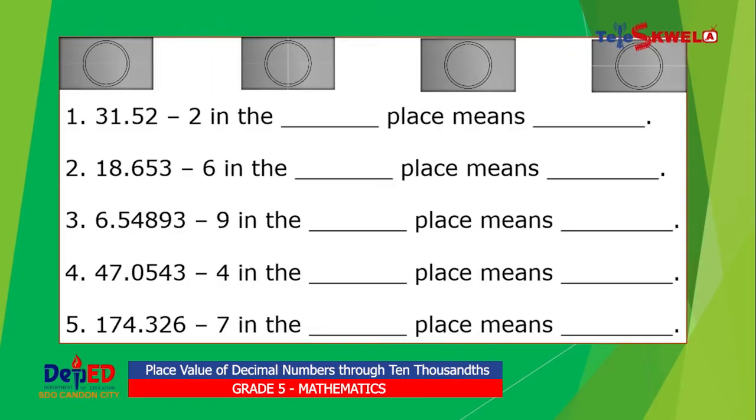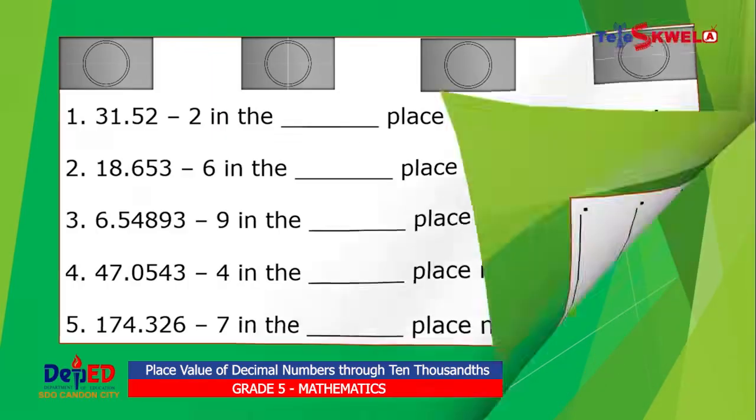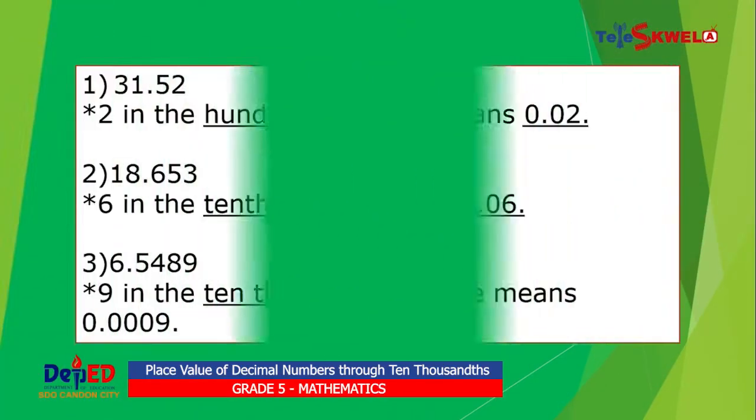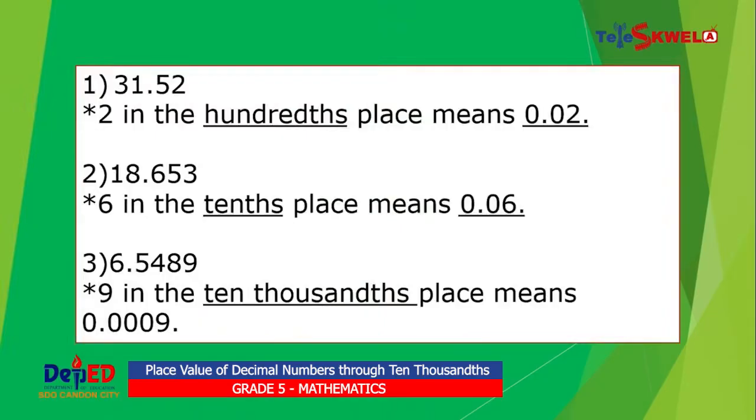Time's up. Let's check your answers. Number 1. 2 in the hundredths place means 2 hundredths. Number 2. 6 in the tenths place means 6 tenths.